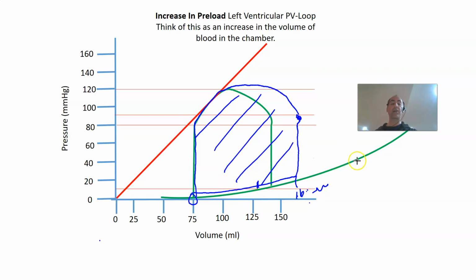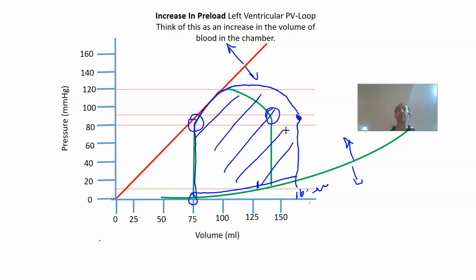The diastolic curve hasn't shifted this way or this way. The systolic curve hasn't shifted this way or this way. The point at which the aortic valve opens has not changed. The point at which the aortic valve closes has not changed. So all you have is more blood comes in and more blood comes out.